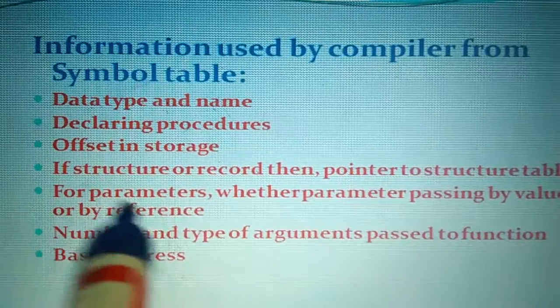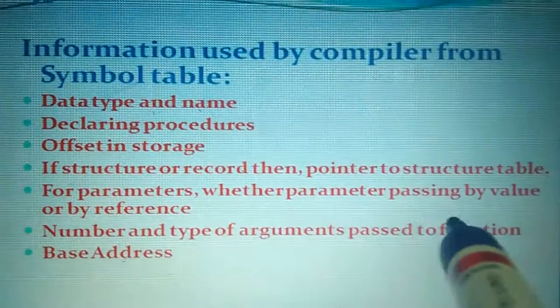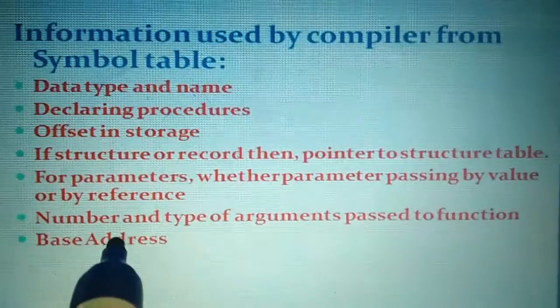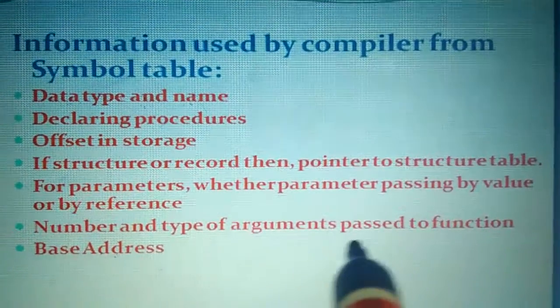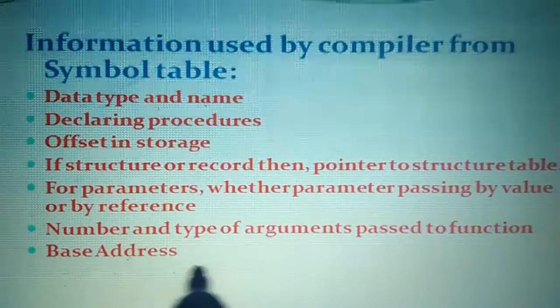The compiler also records whether a parameter is passed by value or by reference, along with the number and type of the arguments passed to the function, and base addresses.